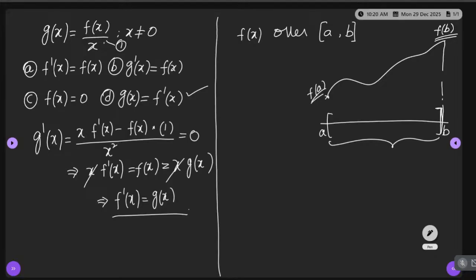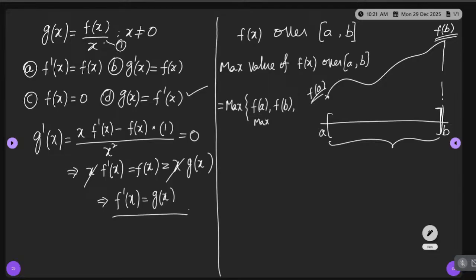Write down: maximum value of f of x over closed AB is equal to maximum of f of a comma f of b comma f of p comma maximum of f of x in open AB, comma, minimum of f of x in open AB.